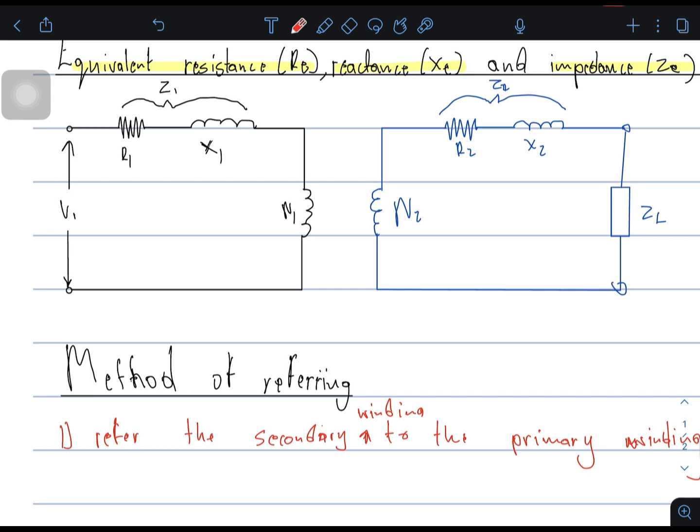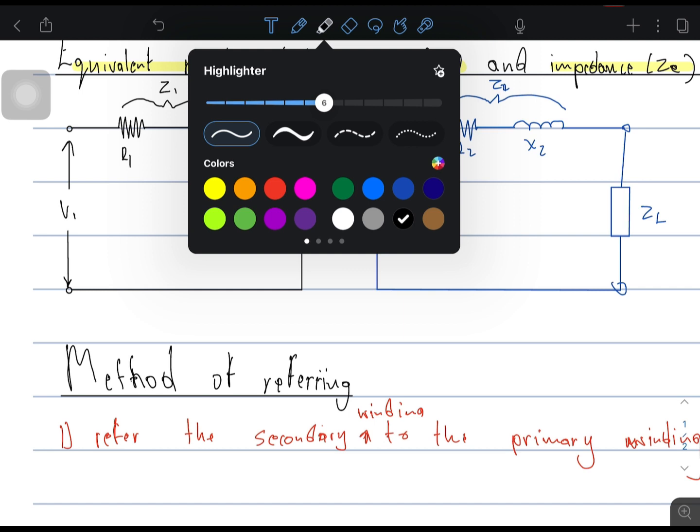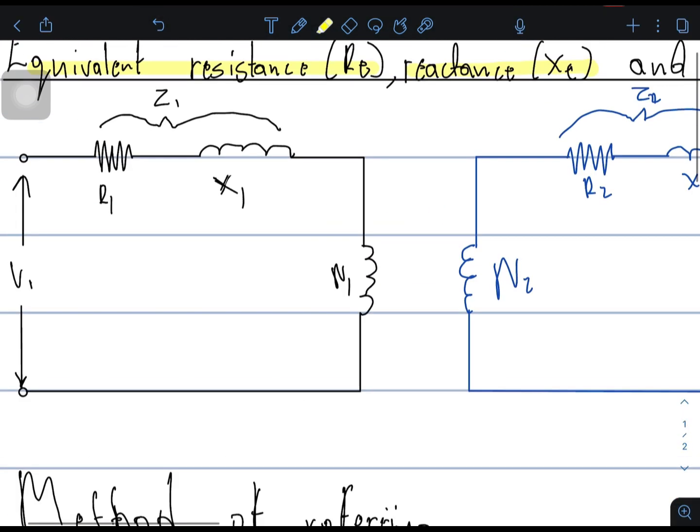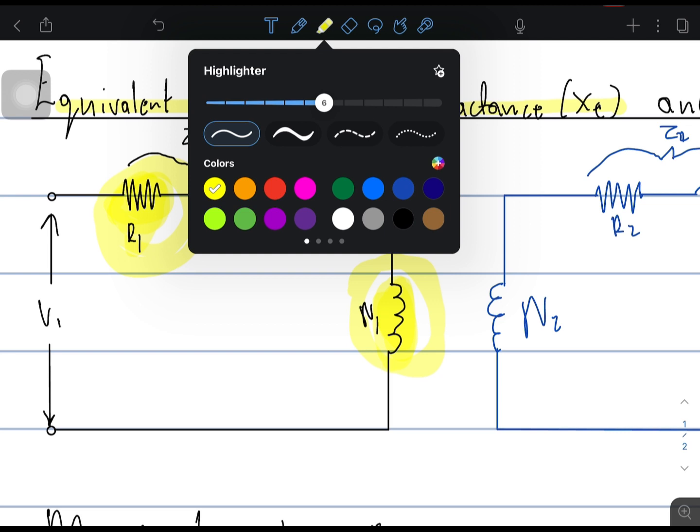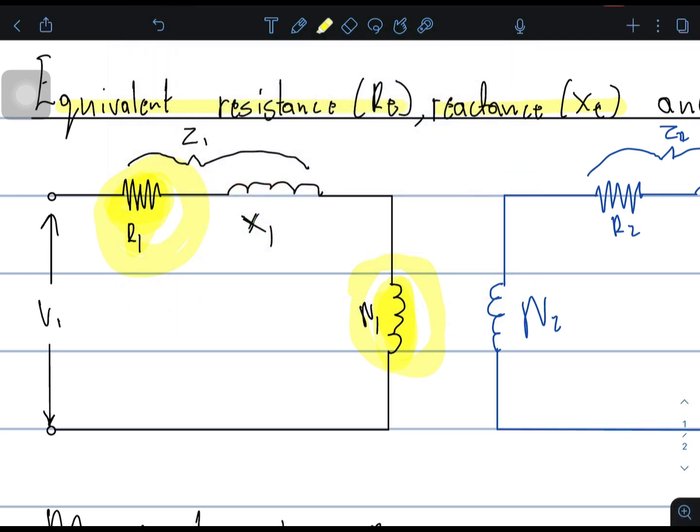And remember, guys, I have explained in class that this resistance is there to represent the resistance of this winding, and this reactance, which is inductive reactance, represents the inductive reactance of this winding, because a winding will have a resistance and a reactance.